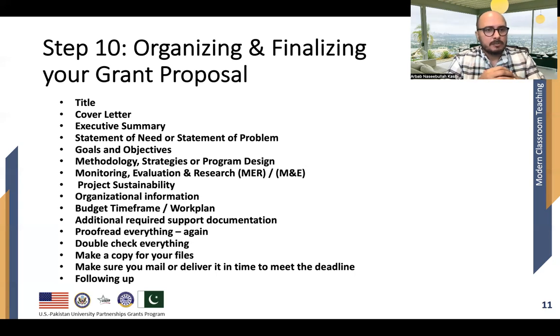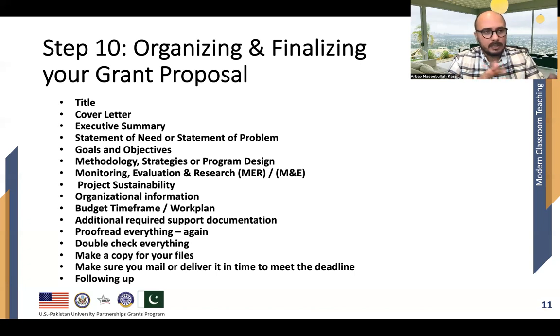State the location, and if you have an organization with different branches or sub offices or outlets, just mention everything. Include the financial information, like annual donations and budgets, that will give the donor an idea that you can be trusted with the money if you receive it.